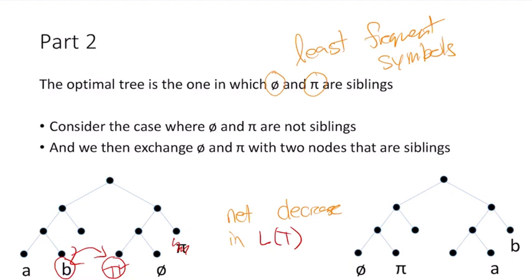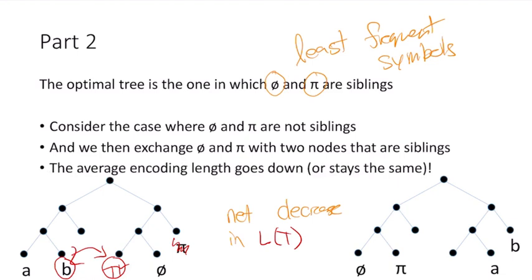Okay, so it's true we don't get a net decrease there, but in that circumstance, we also don't have an increase. So our final bit here is that the average encoding length when you do this exchange goes down, or at the very worst, it stays the same if you end up with some ties in your total number of frequencies. So the net of it is a good or neutral change.